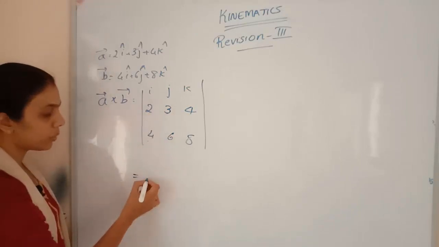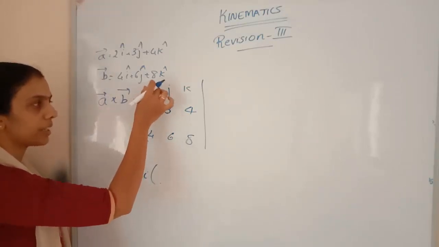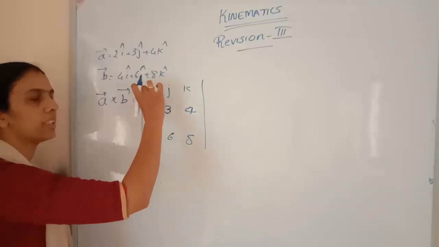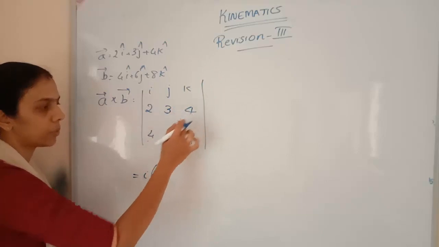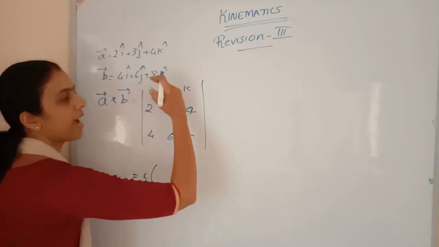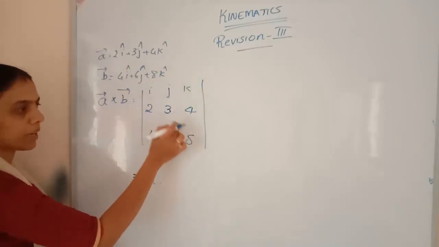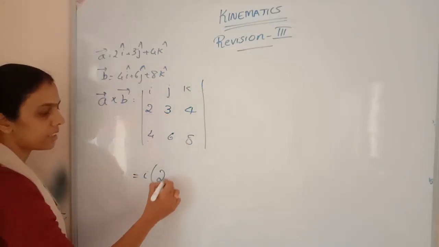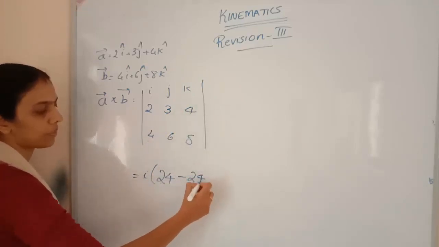First, i into: while considering i, you avoid its column and row. The rest of the numbers are 3, 4 and 6, 8. Multiply these: 8 3s are 24, minus 6 4s are 24.